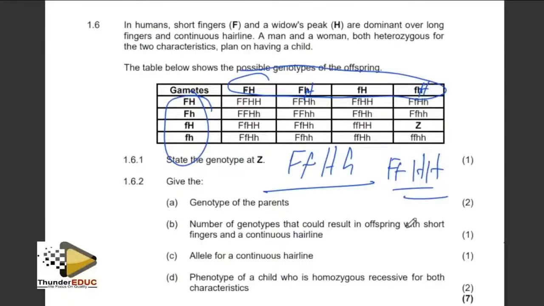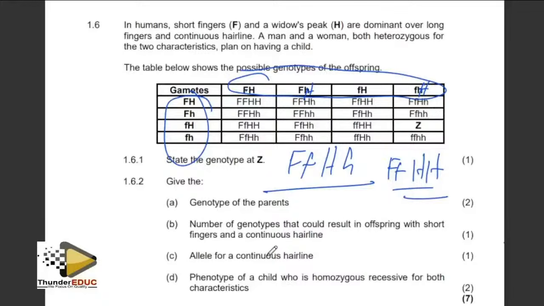They're saying the number of genotypes that could result in offspring that is short finger, and short is dominant, and then this one is recessive. Because it's recessive, I need to have the small h. As long as I have capital H, is 1, is 2, and then yeah, is 3. So there are 3.